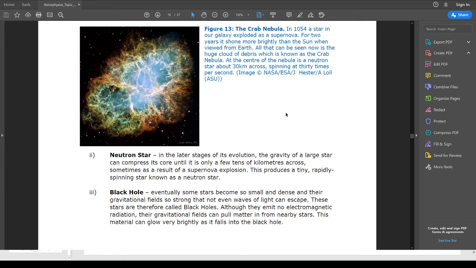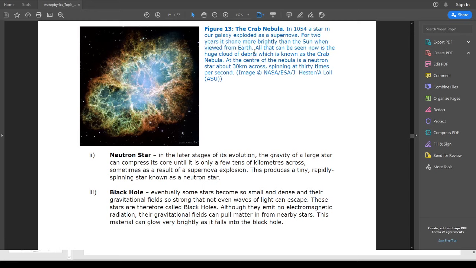Okay, now this is a picture of the Crab Nebula. In 1054, a star in our galaxy, the Milky Way, exploded as a supernova. For 2 years, it shone more brightly than the sun when viewed from Earth.